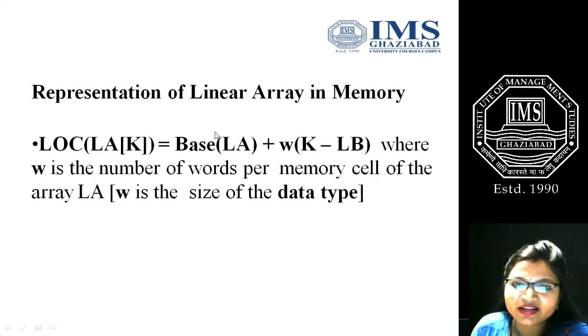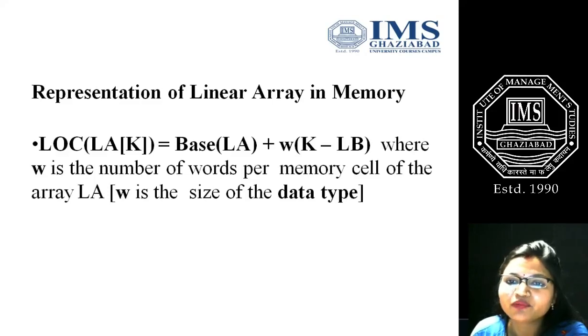Here base is the address of the first element in the array; W is the memory allocated to each element, or the size of the data type of each element; K is the index of the element for which you want to find the address; and LB, the lower bound, is the index of the first element in the array.